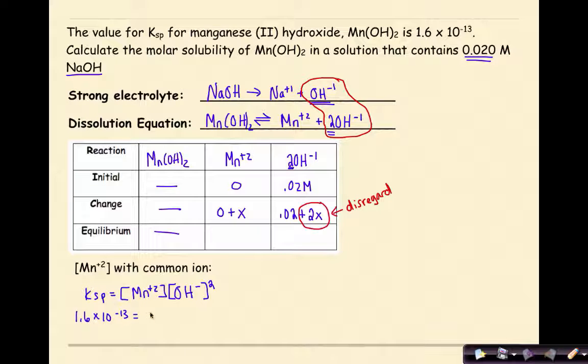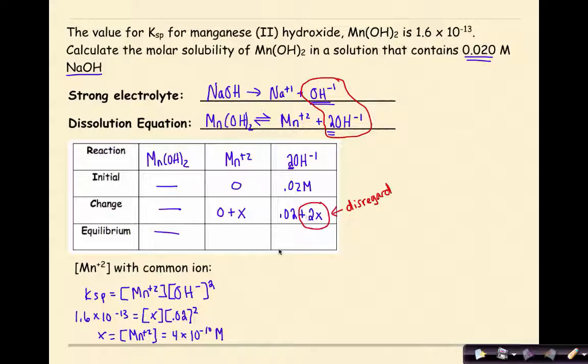The Mn+2 is going to be represented as x, and the hydroxide ion is only going to be represented by that concentration of hydroxide that was added in from the sodium hydroxide, and we're going to have that squared. So when I solve for x here, which is really just going to be the concentration of my manganese ions, I see that that is going to be 4 times 10 to the negative 10 molarity. So that is the concentration of my manganese ions with this common ion added.